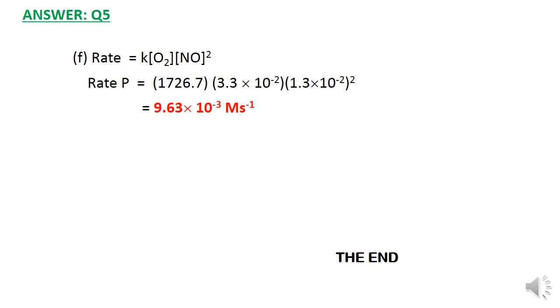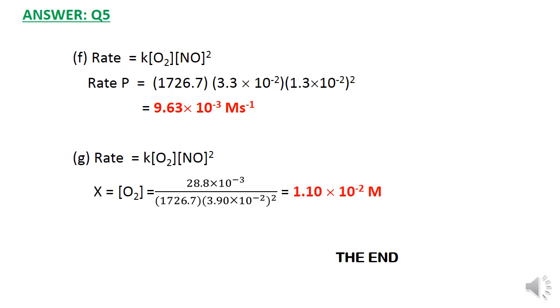So we got the rate P is 9.63 times 10 to the power of minus 3 molar per second. For G, to get the value of x, the concentration of oxygen, we substitute all the values of k, concentration of oxygen and nitrogen monoxide into the rate law. Then we get the concentration of oxygen x as 1.10 times 10 to the power of minus 2 molar. So that's the end of the calculation.